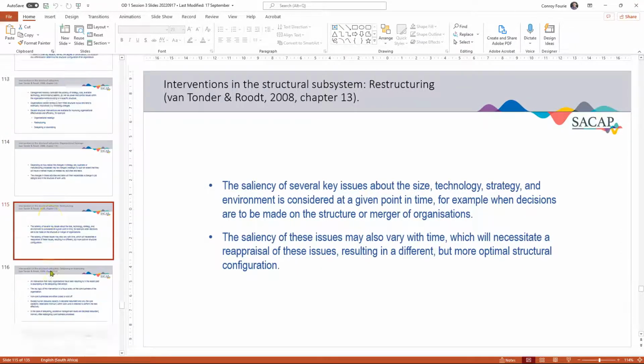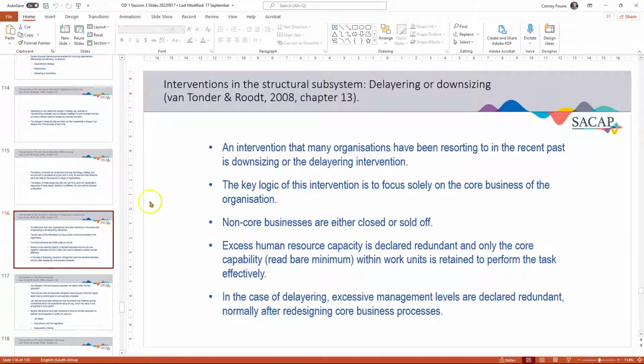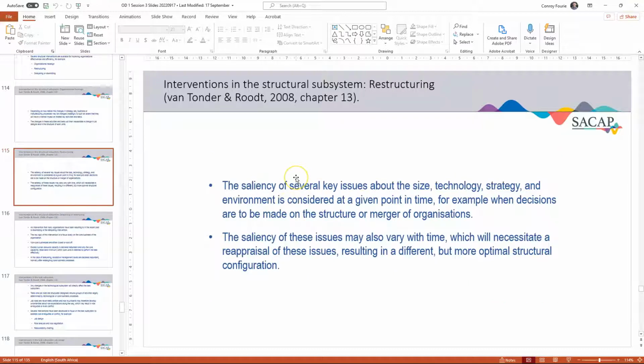Organization restructuring. Okay, so interventions in a structural subsystem, delayering or downsizing. I think, broadly speaking, this will have an implication on human resources, because if you delayer and downsize, there may be layoffs, there may be flattening of organizational structures, which means some people that previously maybe had management positions now no longer do.